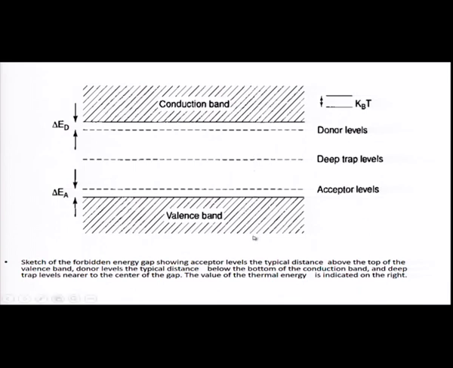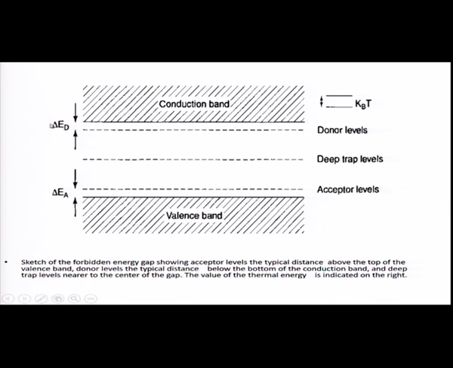The value of the thermal energy is indicated on the right, and this is the valency band and this is the conduction band. The cross hatching represents electrons, and you have 3 dotted lines in the band gap. This gap is delta EA and this gap is delta ED.